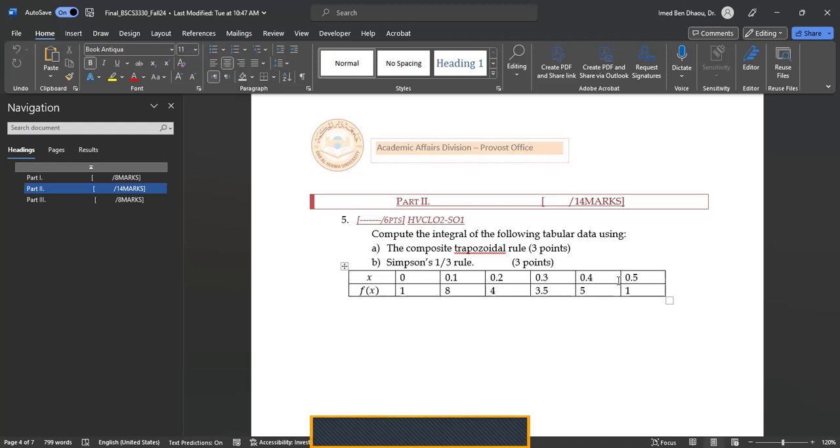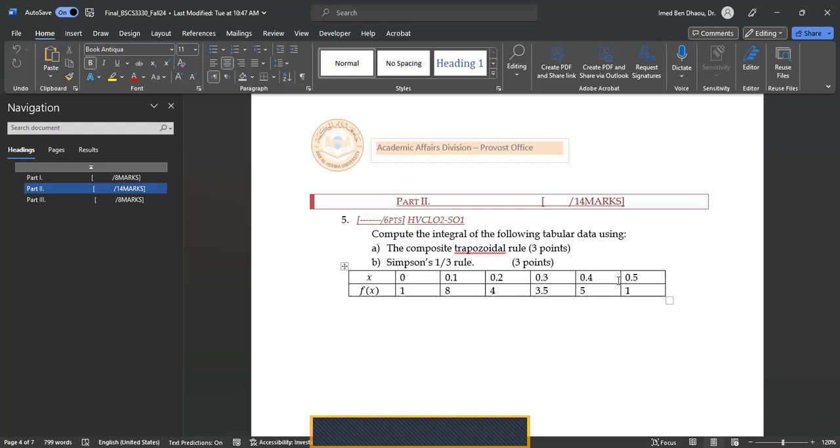All right, the composite trapezoidal rule involves using the formula h/2 [f(x0) + 2f(x1) + 2f(x2) + ... + 2f(xn-1) + f(xn)]. In your case, h is 0.1, and the f(x) values are 1, 8, 4, 3.5, 5, and 1.